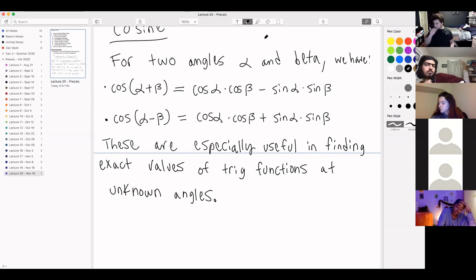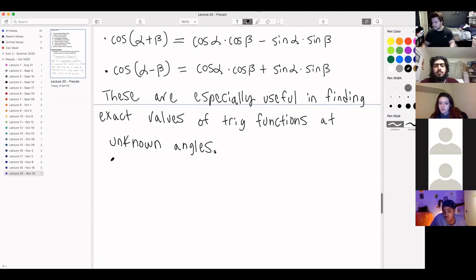When I say unknown, I mean the angle is not on our trig table. We know the trig table; we don't need any special tools for that. But sometimes these formulas will help us to find an unknown angle.